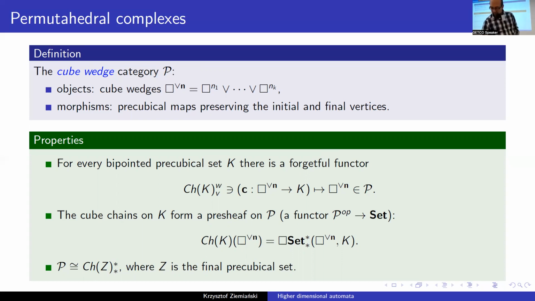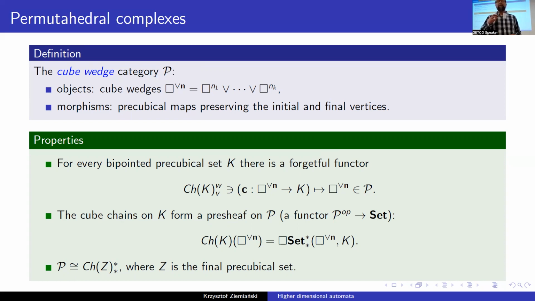And the cube wedge category in itself has a permutahedral structure. So it's isomorphic to the category of faces of permutahedra. What you get is that your cube chain complex is exactly a kind of permutahedral complex.